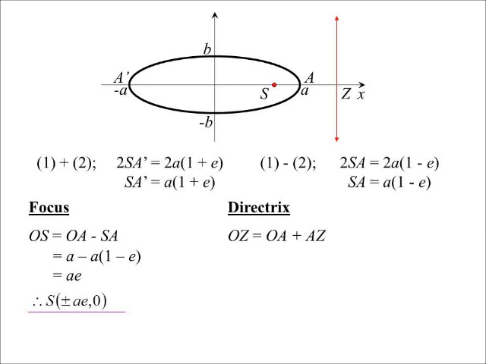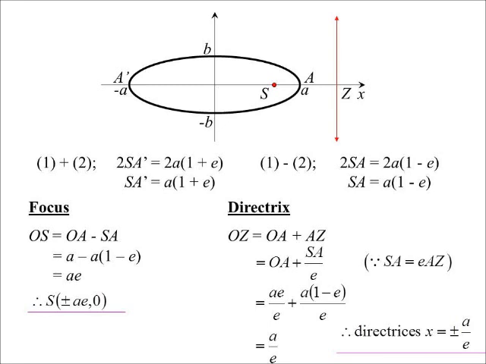Now, if I rewrite AZ using the definition of the ellipse, it would end up being AS divided by the eccentricity, and we've come up with an expression for AS, and OA of course is just A. So let's sub that in, and amazingly we get a very similar expression, but instead of A times the eccentricity, the directrix is A divided by the eccentricity. So actually quite a simple little way of working it out.